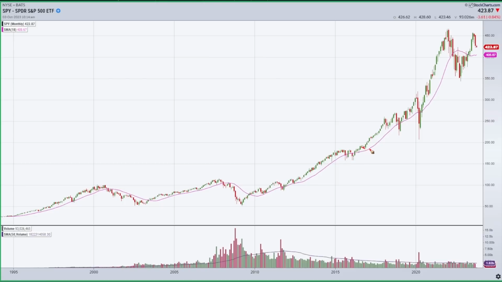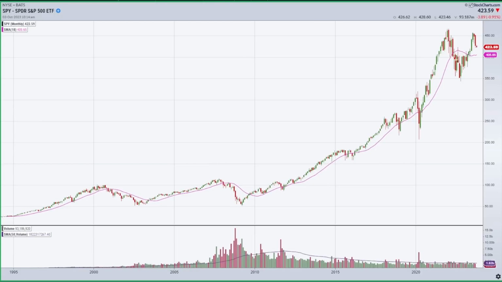Then we get going and we go up, and then we have some, again, really violent moves to the downside. But if you look at the way these played out, they had one close below and then one close back above. You see how they got right back above the next month. So these are monthly charts where you're having violent moves against it, but these lines are still rising, and then you're getting right back above.